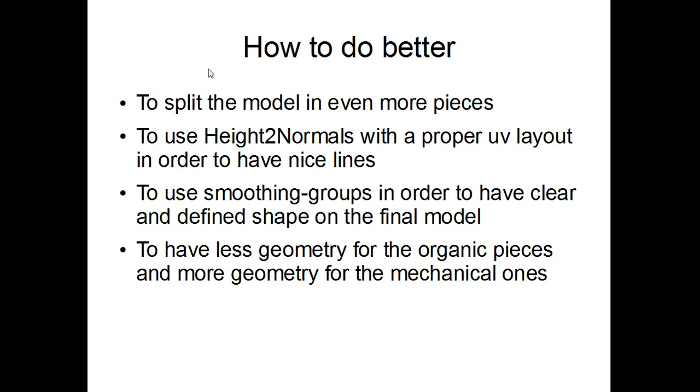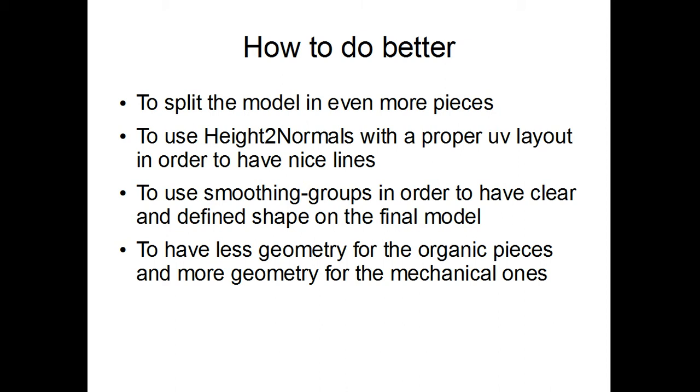So, how to do better? If I had to do this model again, I would split the model into even more pieces in order to have much more resolution. I would like to use height to normals with a proper UV layout in order to have nice lines instead of using the line stroke of projection master.